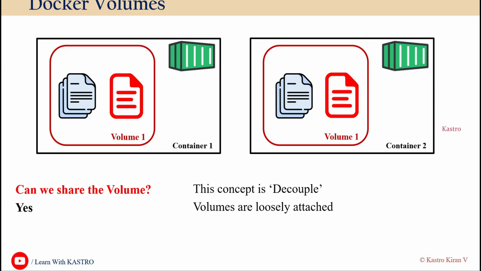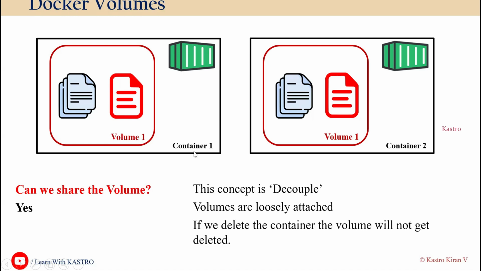So let's say when you delete the container, will the volume get deleted? Let's say I have deleted container 1. What about volume 1? Will volume 1 get deleted? No, that is what we have understood. If you delete the container, the volume will not get deleted. Though the volume is there inside container 1, the volume will not get deleted. Only the container will get deleted.